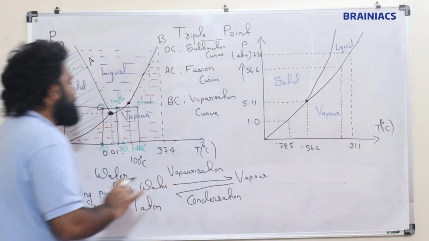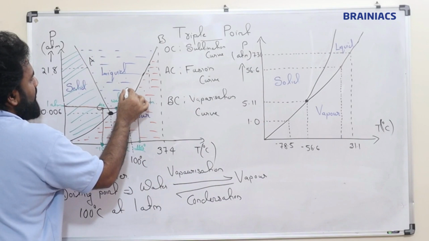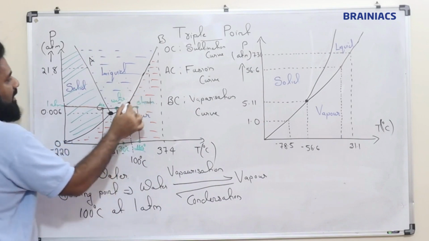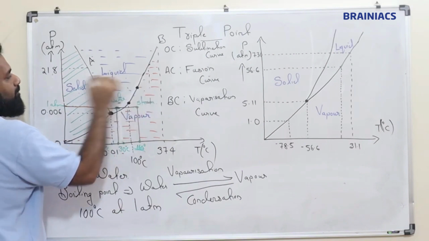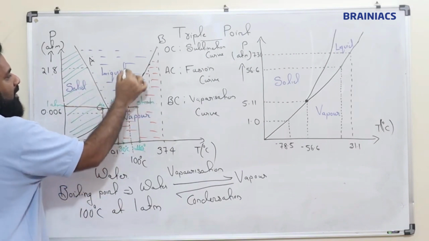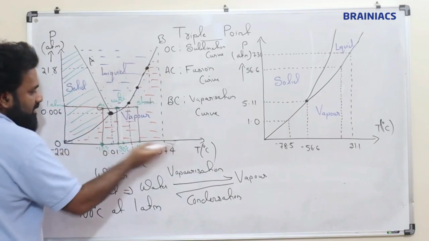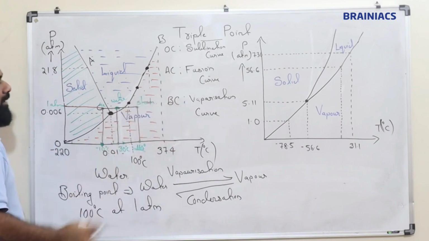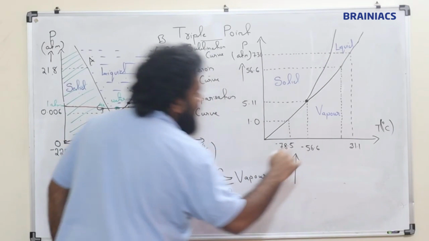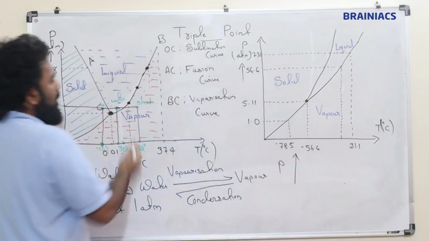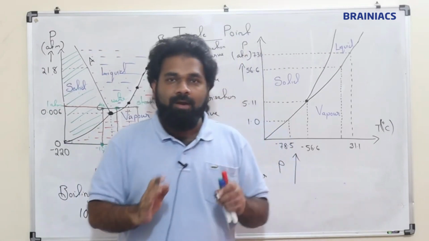Now let us see. When we increase the pressure, boiling point shifted to this point. Again, when we increase the pressure, boiling point shifted to this place. This is the temperature scale. When we increased the pressure, what happened here? Boiling point is shifting. Boiling point is not just 100 degrees Celsius.